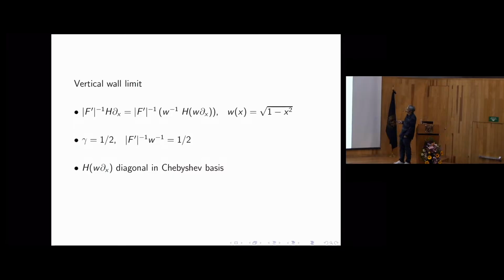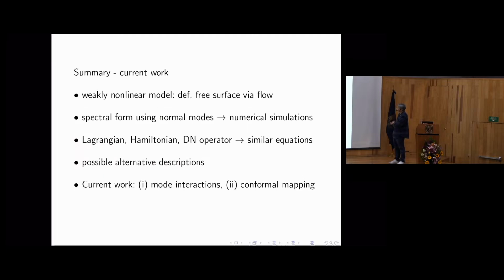That basically cancels the conformal factor. And in addition, this operator is diagonal in the Chebyshev basis. This is very useful for numerics because in our truncations it's not a diagonal matrix, so it's good to know what we expect there. This is what I have for the moment, and thank you for your attention.